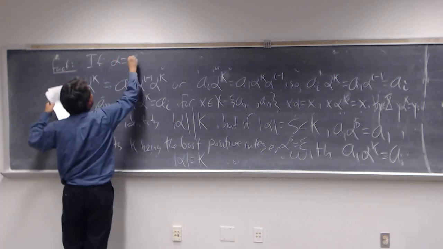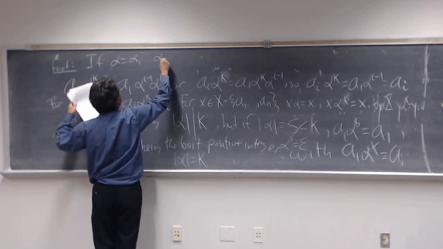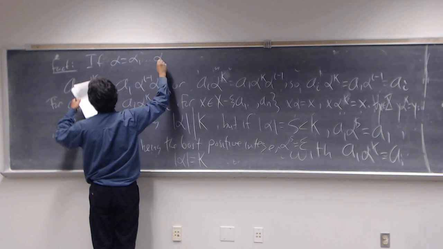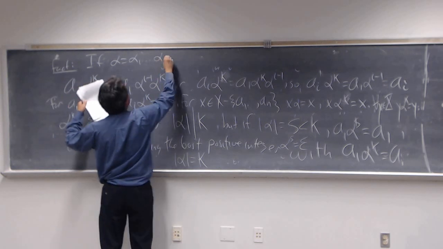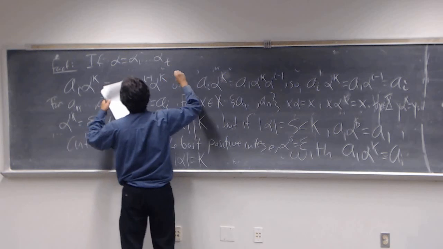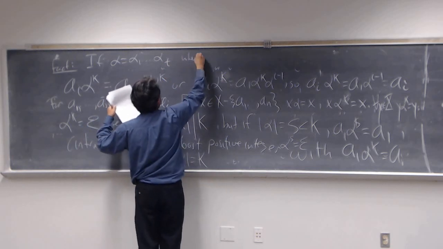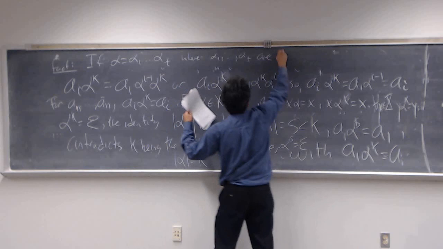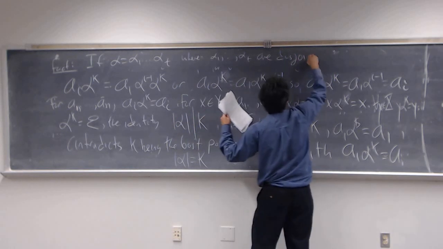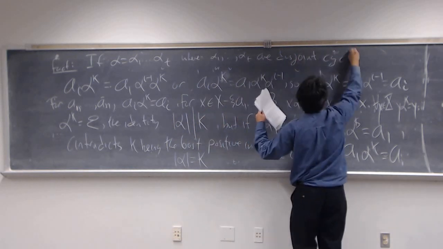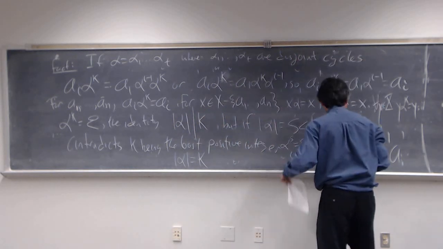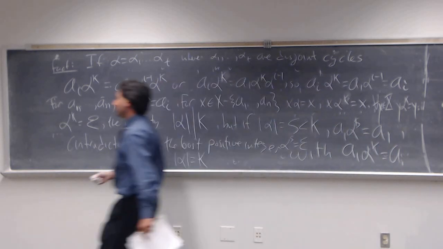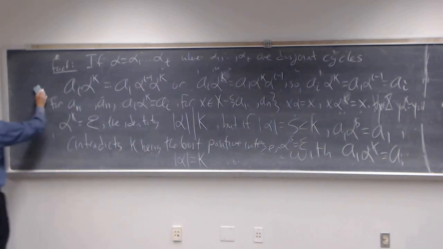If alpha equals alpha 1 up to alpha t, where alpha 1 through alpha t are disjoint cycles, that are the cycles that have nothing in common with any of the other cycles.